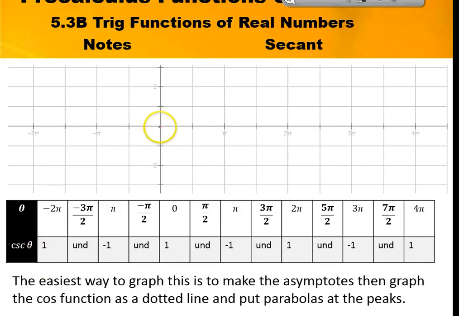So I'm going to graph cosine first. Well, first here's the asymptote. The asymptotes are at the over 2's, right? So the asymptotes are at these over 2's, so that would be here. There we go. At the over 2's would be our asymptotes.